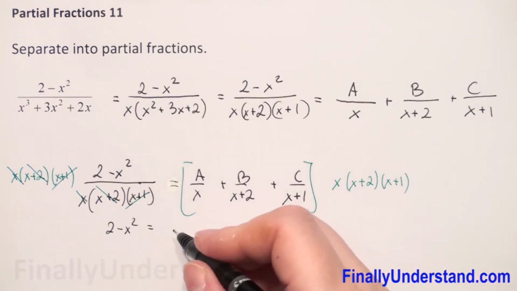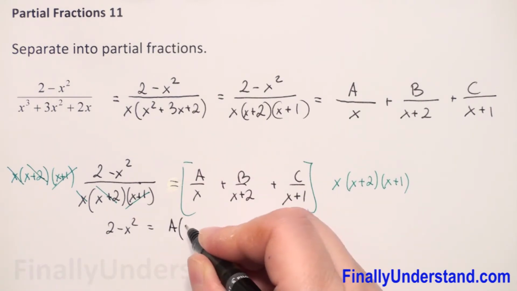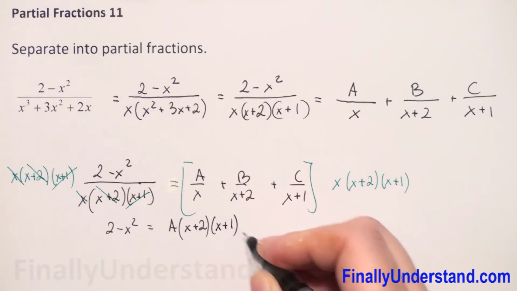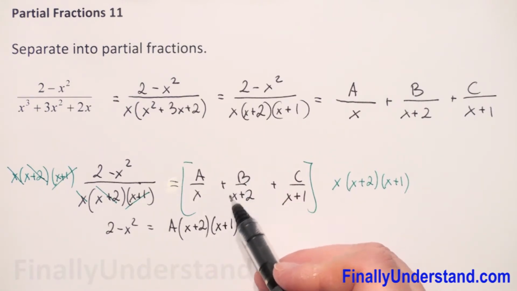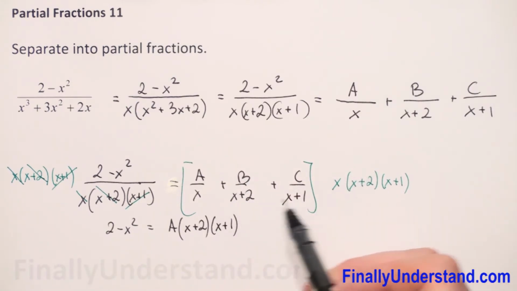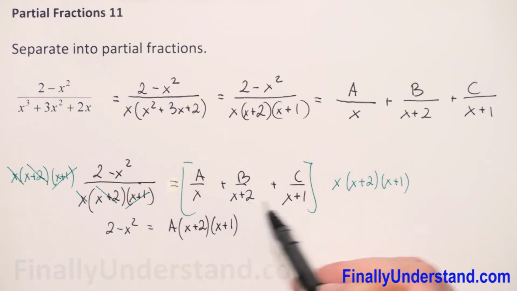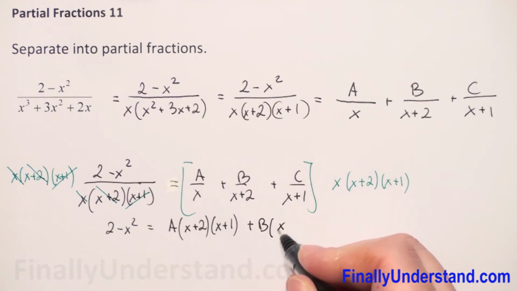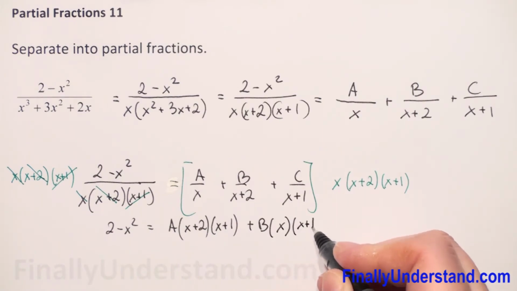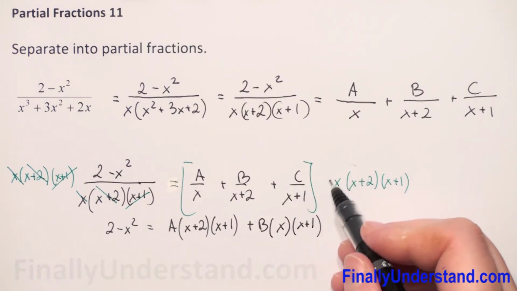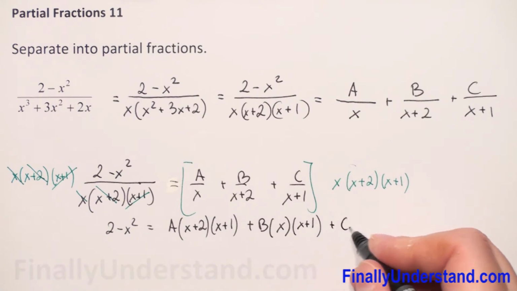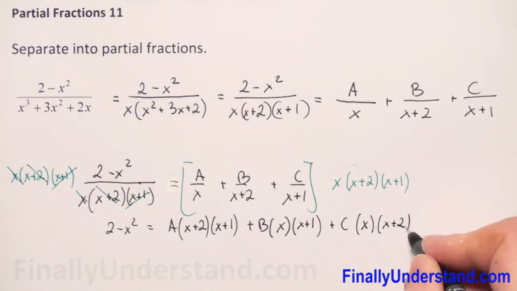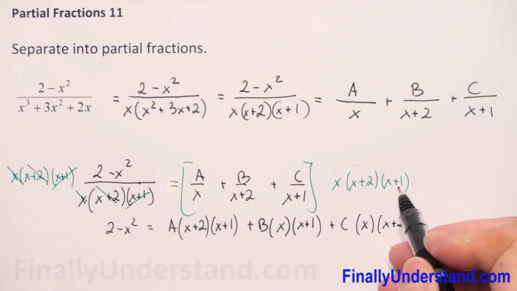So we will have only A times x plus 2 times x plus 1. Next, when we multiply the second fraction by this whole expression, we will reduce x plus 2 with x plus 2. So we will have only B times x plus 1. And the third fraction, when we multiply, we will have only C times x plus 2, because x plus 1 will reduce with x plus 1.